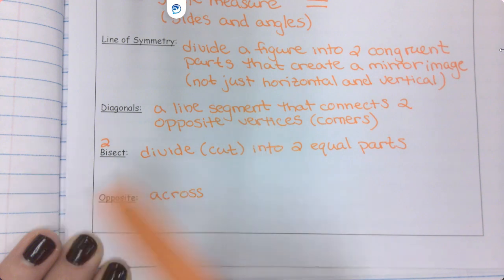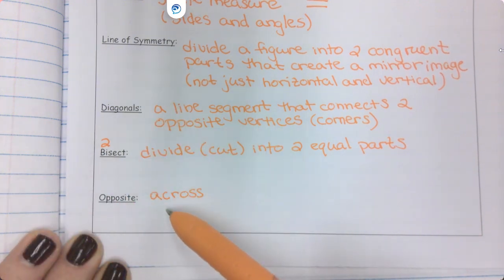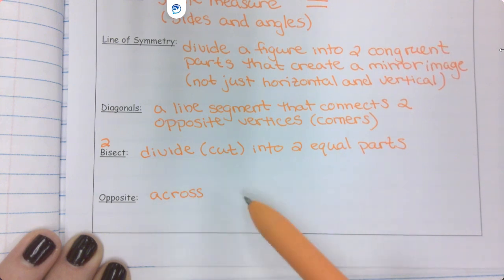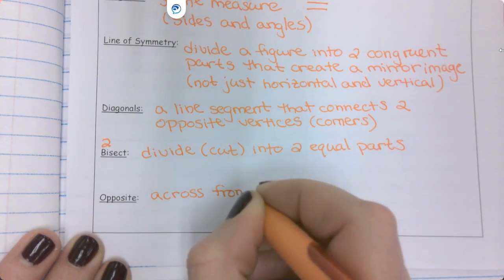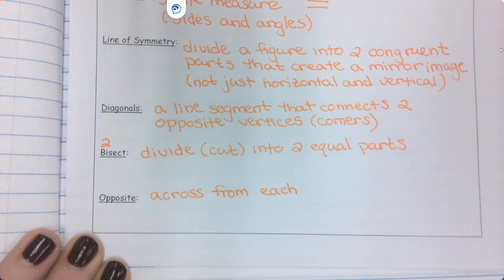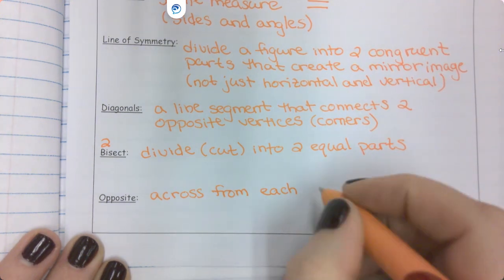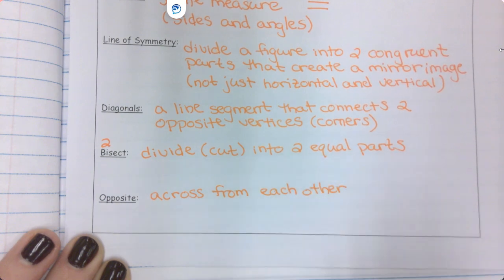Somebody was giving me examples of different shapes before, and those are not opposite. We're talking about the placement of one side compared to another side, or an angle compared to another angle. So they are across from each other. So opposite sides would be like the top and the bottom sides of a rectangle. Those are opposite each other. And opposite angles, again, would be not next to each other, but across from each other.